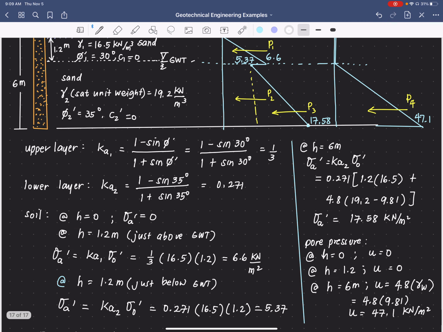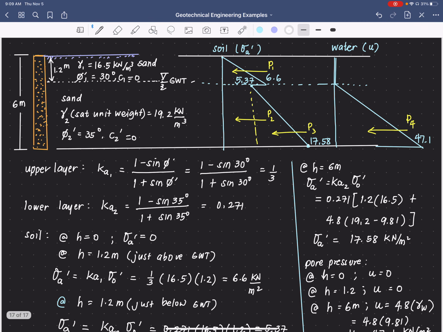Then for the triangular P3, we have to subtract 17.58 by 5.37, and we have 12.21 as the base of this triangle. So this is 12.21.